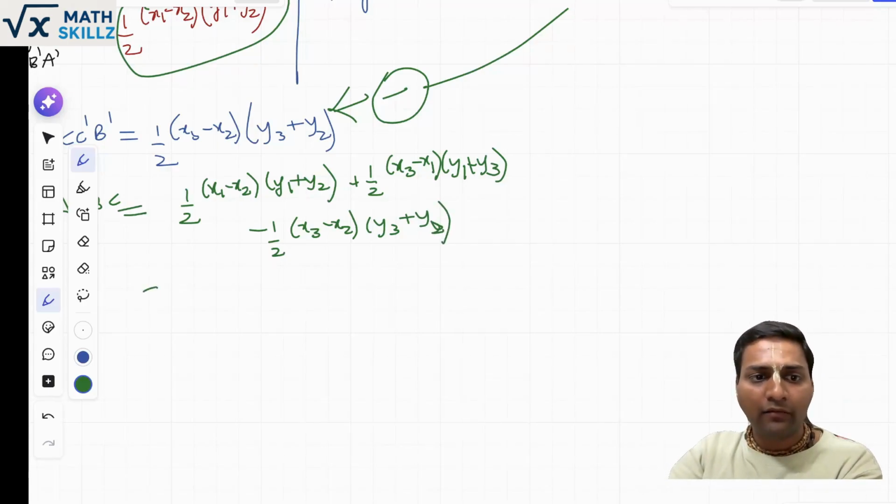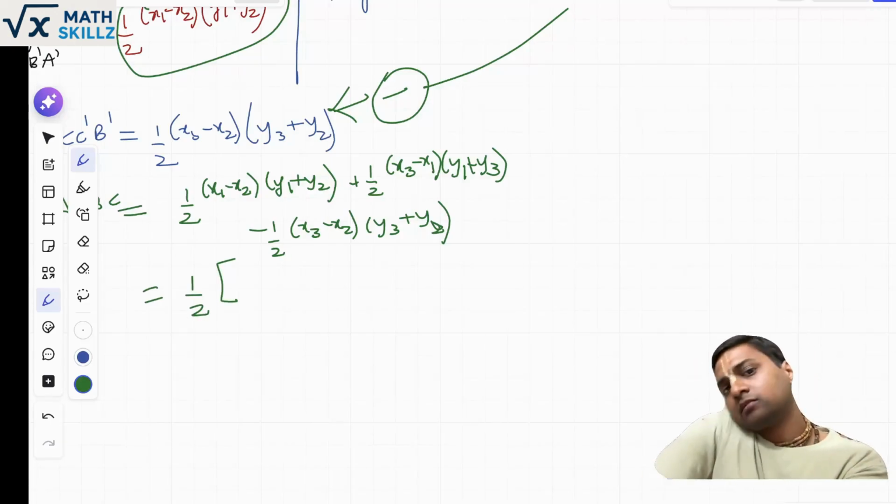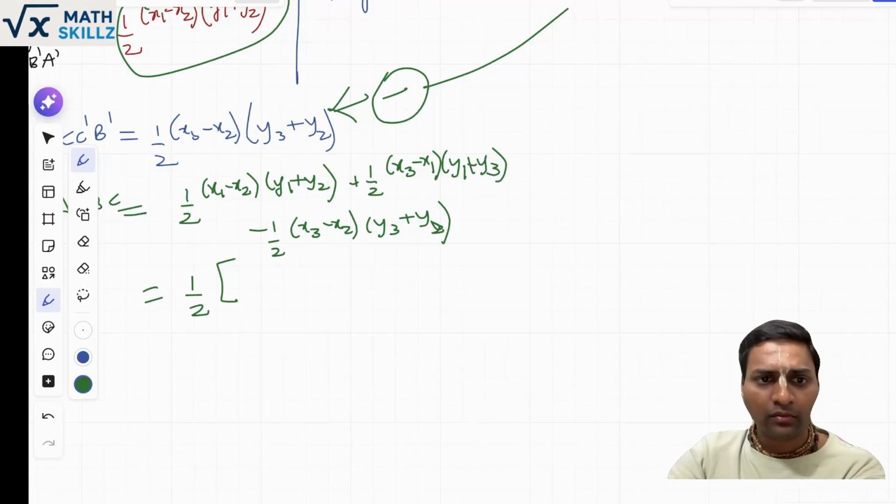So now I will take half outside as common, then let me simplify this. If I simplify, this will be x1 y1 plus x1 y2, then minus x2 y1, then minus x2 y2.